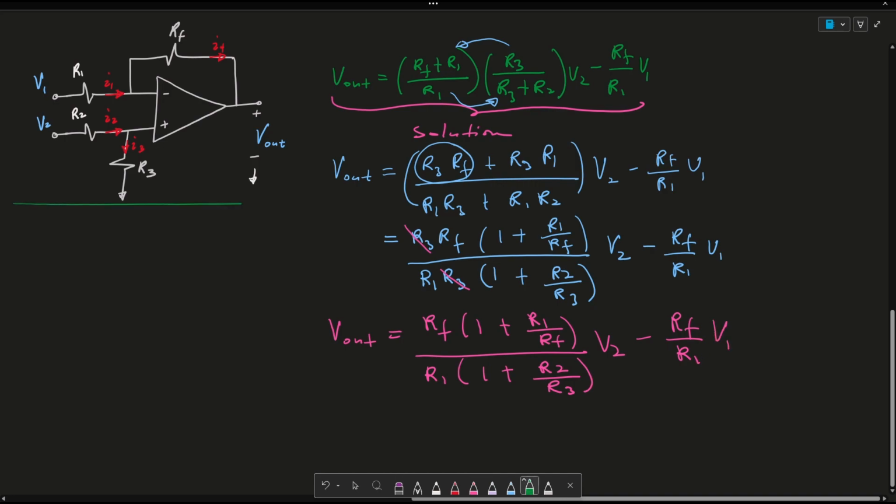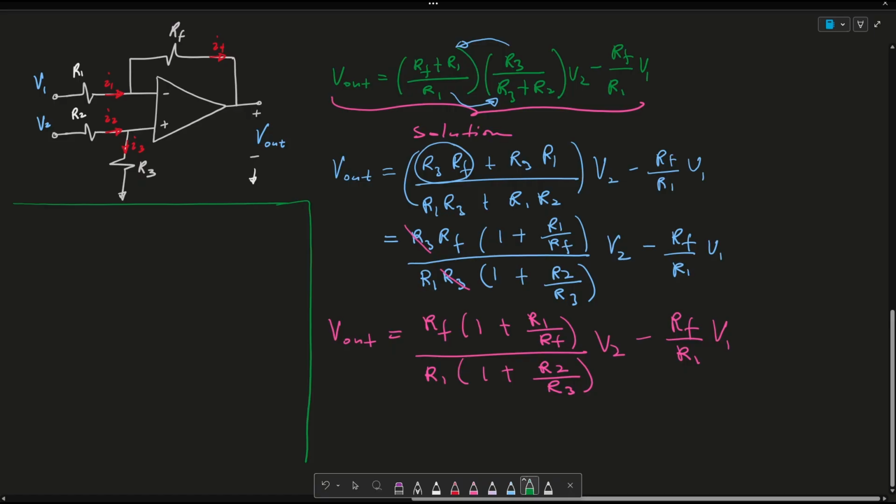So now with this, I'm going to write a quick side note here. From our two earlier examples, since a difference amplifier must reject a signal common to the two inputs, for example, we had the 12 volts and the 12.1 volts, it rejected my 12 volts and it kept my 0.1 volt.